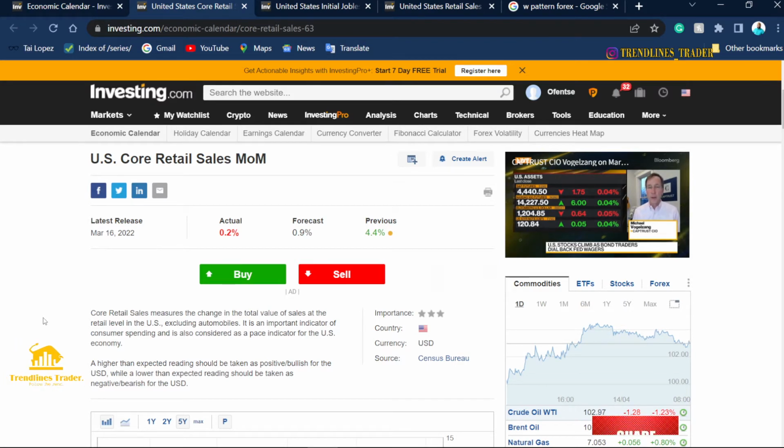It is an important indicator of consumer spending and is also considered as a pace indicator for the US economy. A higher than expected reading should be taken as positive, which is bullish for the USD, while a lower than expected reading should be taken as negative, which is bearish for the USD.